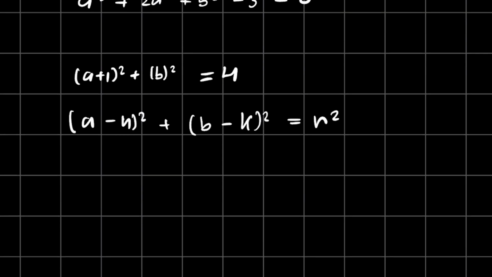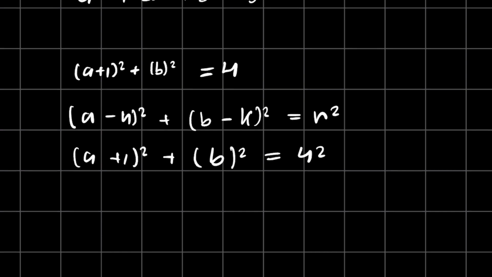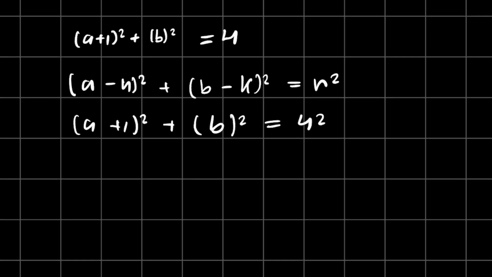In this case, (a plus 1) squared plus b squared is basically the same thing. We don't have a k in this case, and our h is negative, so it becomes positive. This means that we create a circle centered at minus 1, 0.